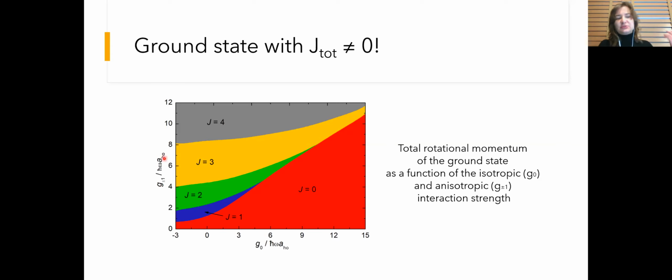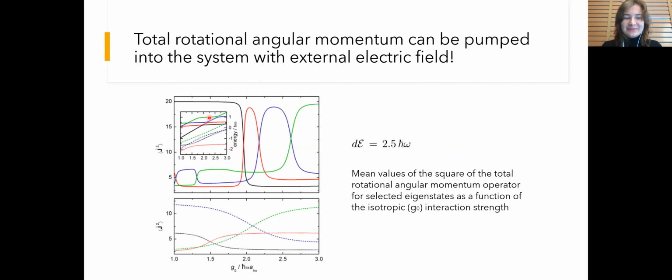Of course, the larger the anisotropic part, the higher J you can get as your ground state. So this is one message. This is a very short one. Another thing is that when we turn on the external electric field, suddenly we also have mixing of the J's.